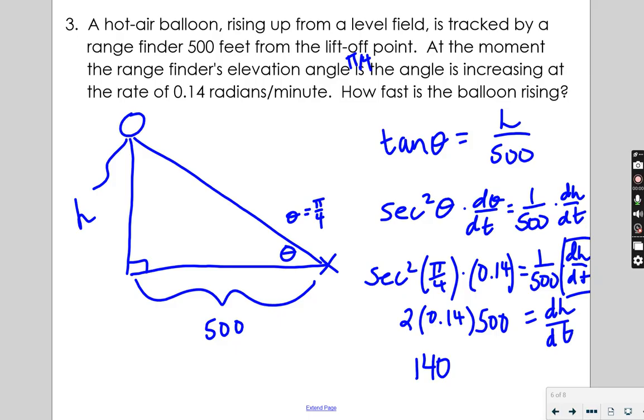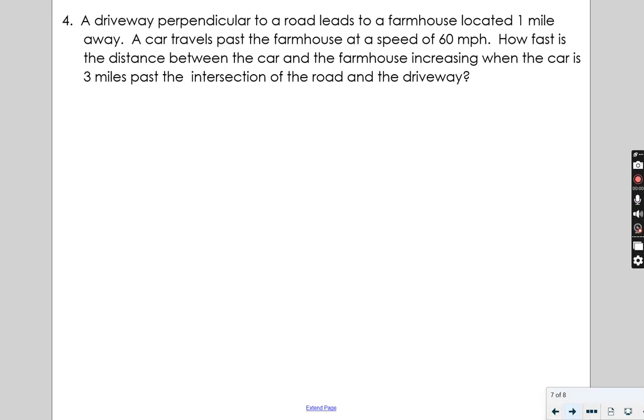And what are my units? We're talking about how fast the balloon is rising. Feet per minute. Yes. A lot of times I'll just look at the units: radians per minute, that's the angle measure changing.